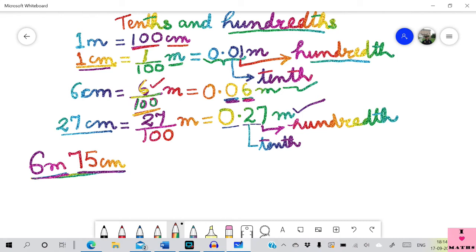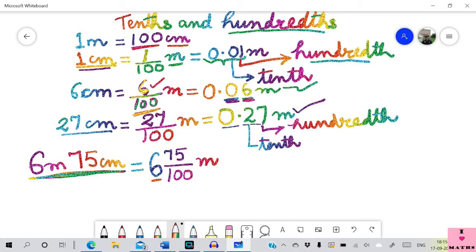It means it is more than 6 meter and less than 7 meter. Now, we can write this as 6 whole 75 upon 100 meter.